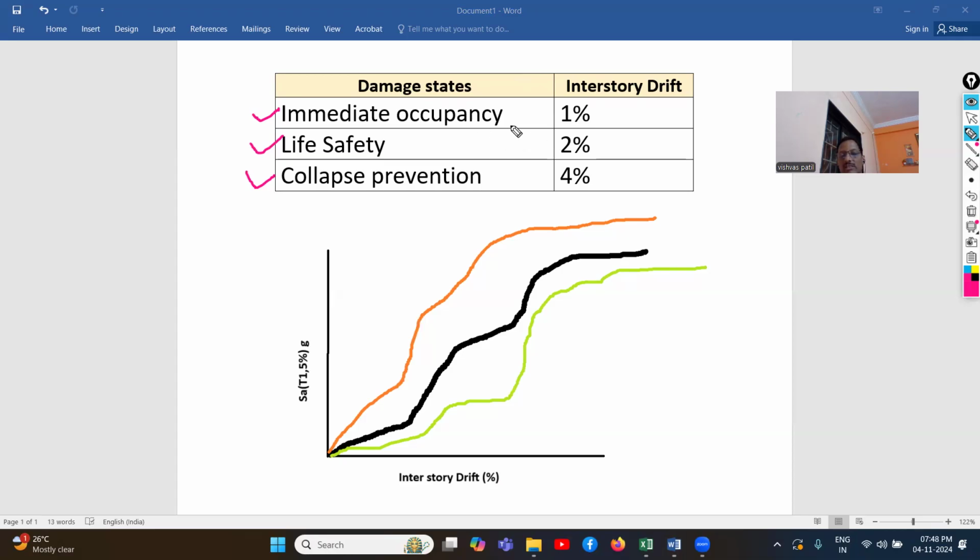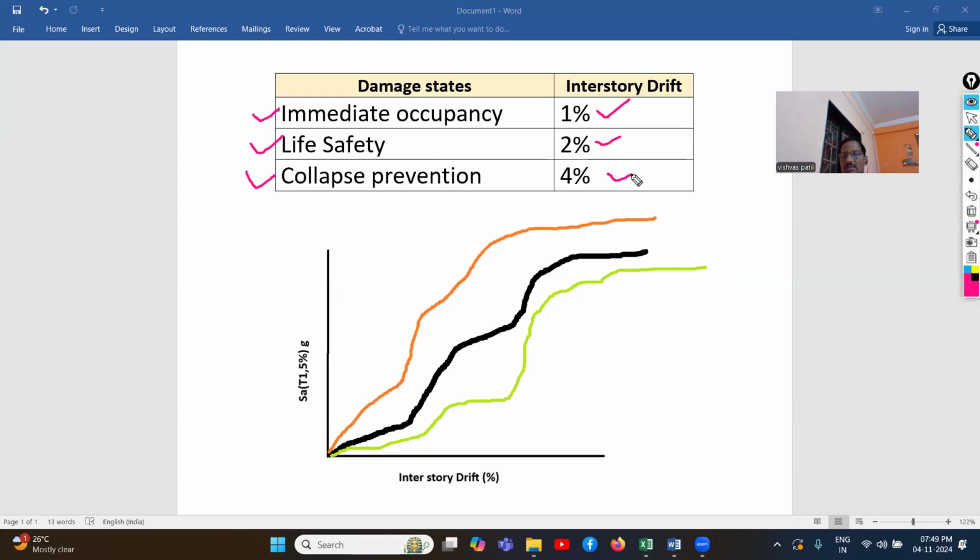Immediate occupancy is said to occur when the maximum interstory drift reaches 1%. Life safety occurs when interstory drift is about 2%, and collapse prevention occurs when interstory drift reaches 4%. So this is defined in FEMA 356.